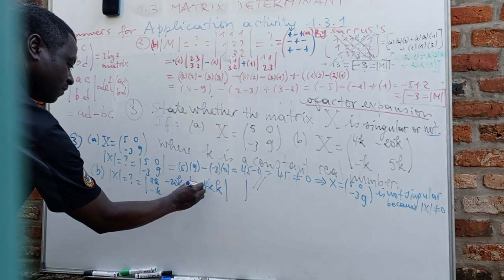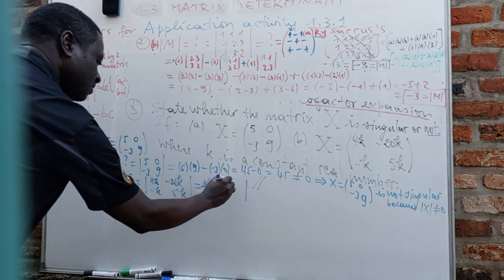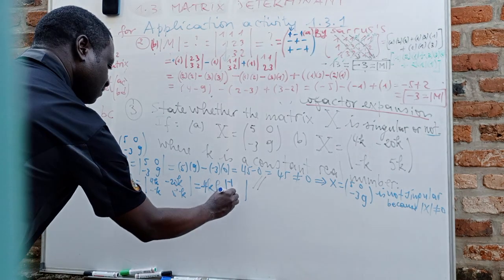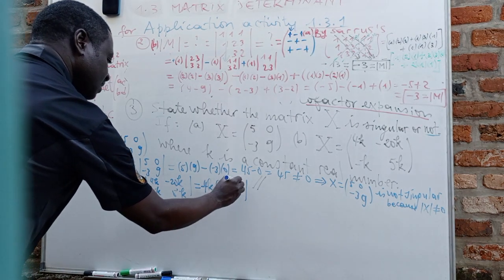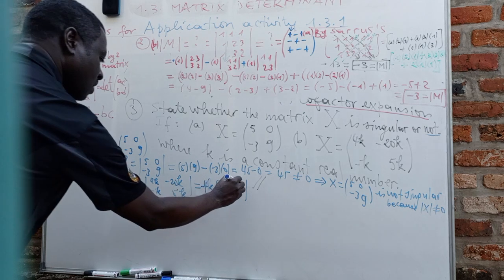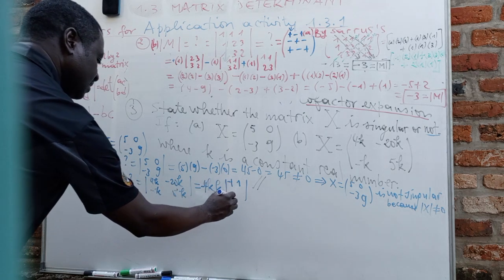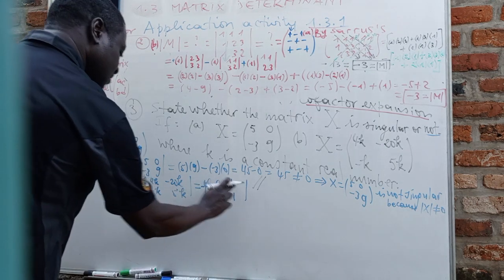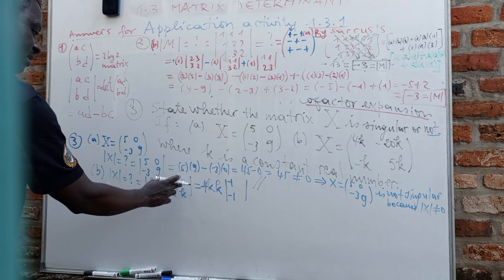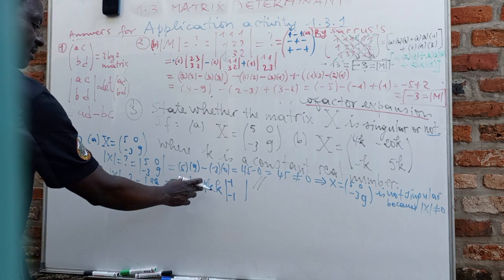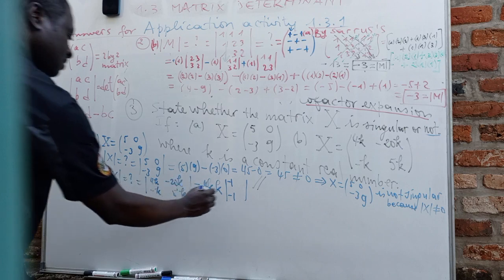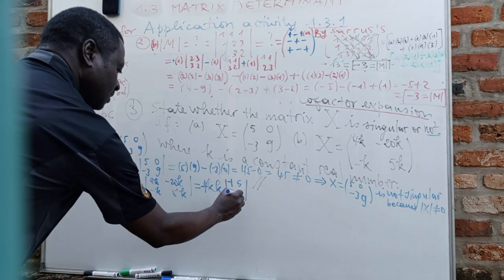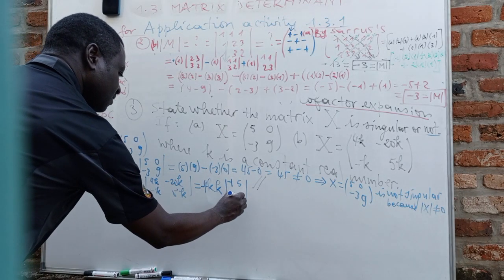Negative 20k divided by negative 4k is equal to 5.